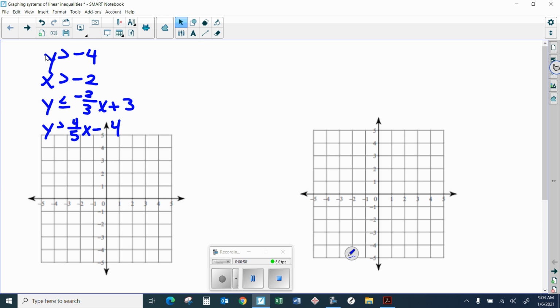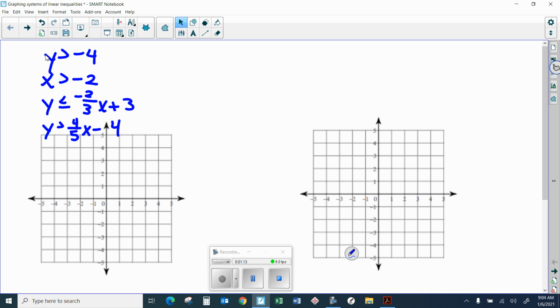It says graph those and find the solution. I'm just going right to some complicated ones where you have 4 of them, for example, not just 1 or 2.